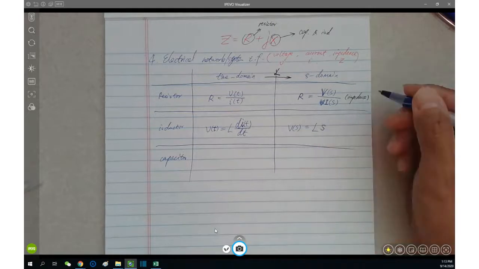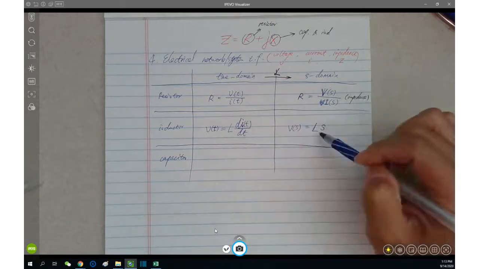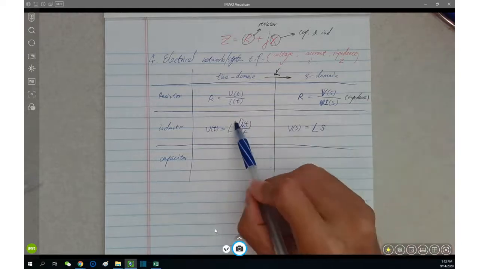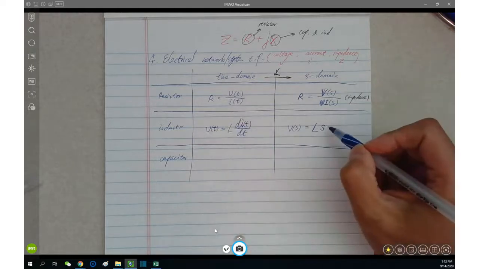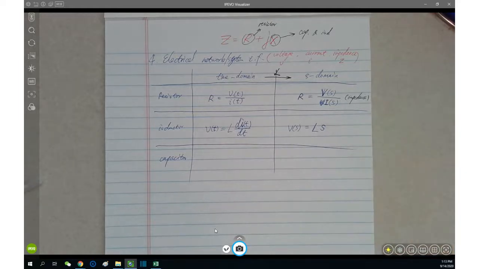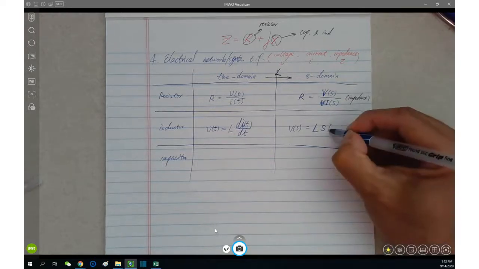First of all, L remains as L. The Laplace transform of the derivative gives you an s, recalling the previous example we did in the last lecture, and capital I of s.